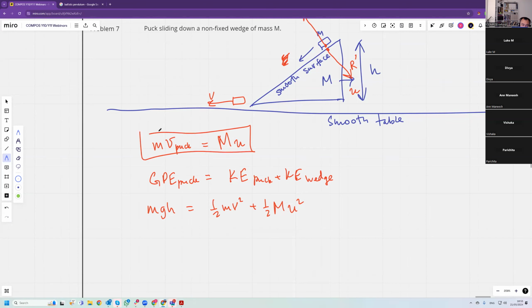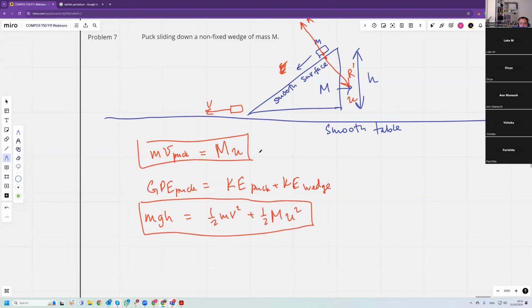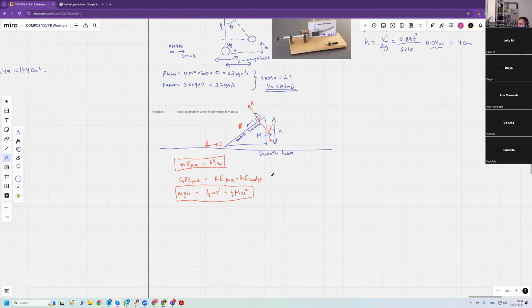And you have this equation and then this equation, and you can solve the two equations for whatever value you need. That's it. It's one of the examples in the assignment, so I won't spend too much time going through that.